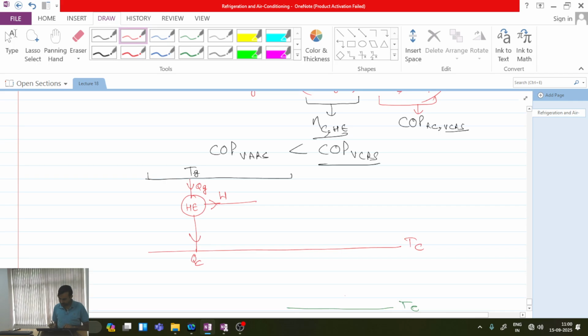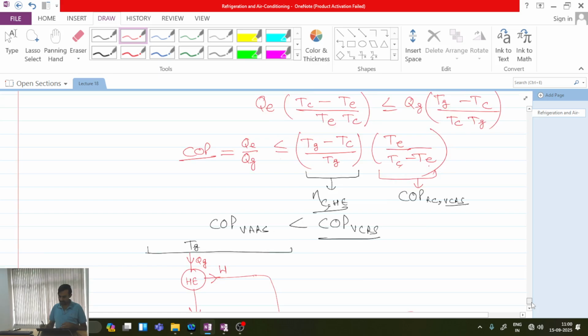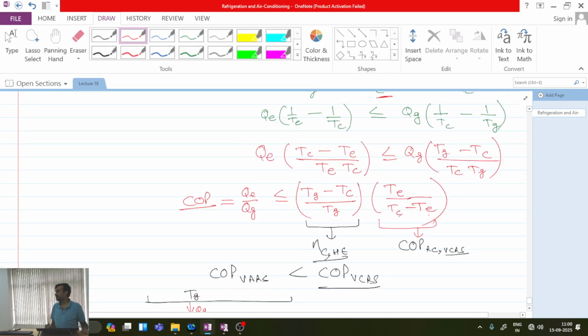And then here I am using a refrigerator which is using this work and taking QE amount of heat. That is the same thing, no? Because here you have TE by TC minus TE, which is the VCRS refrigerating system, and this is a heat engine system. So for the vapor absorption system, this is about the efficiency of the system.